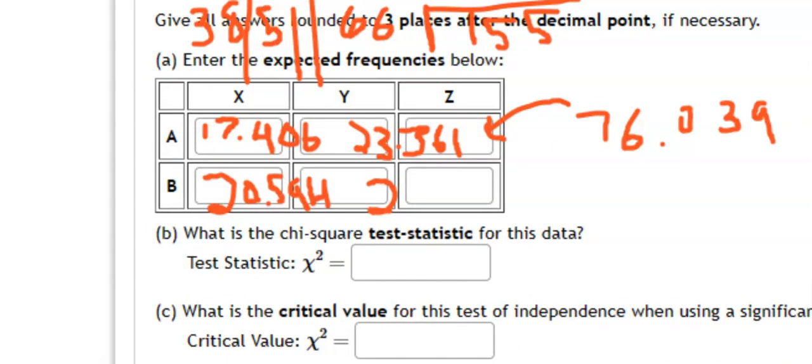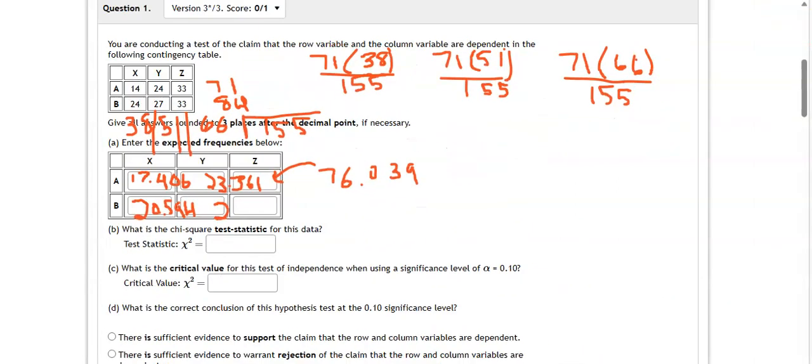Oh, I hate it when it does that. Let me see if I can fix it here. Okay. 0.639.